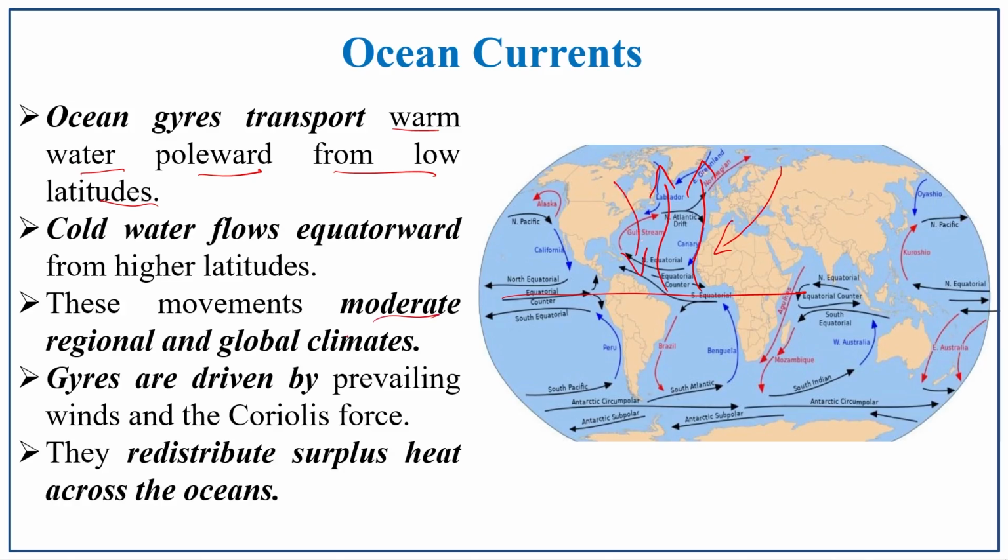So, this movement, warm moving up and cold moving down, what is the effect of it? It moderates the regional and global climate. The gyres are driven by prevailing winds and the Coriolis force. Because of the Coriolis force and the prevailing winds, this movement happens. It redistributes the surplus heat across the oceans.